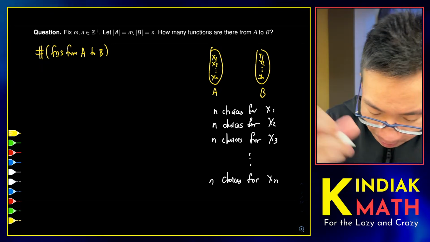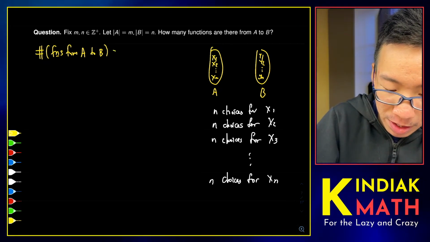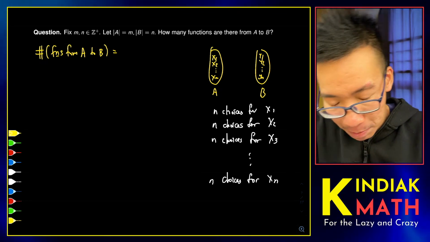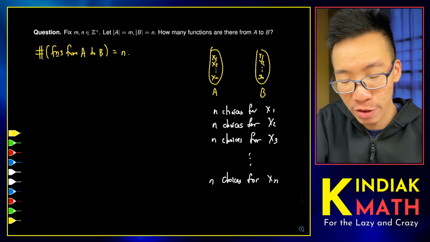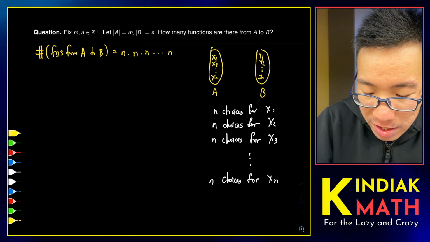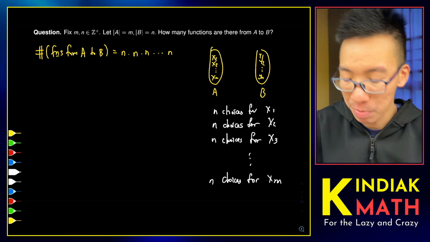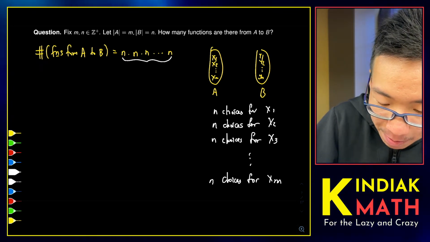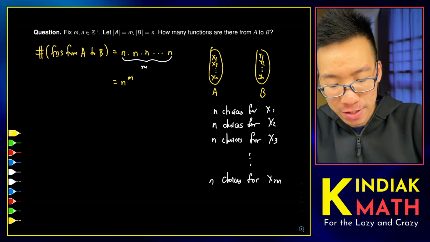And for that reason, the number of functions from A to B is going to be equal to the number of choices for x1 times the number of choices for x2 times the number of choices for x3 all the way to xm. I apologize for that, xm. So there are a total of m multiplications, so there are a total of n to the m functions.